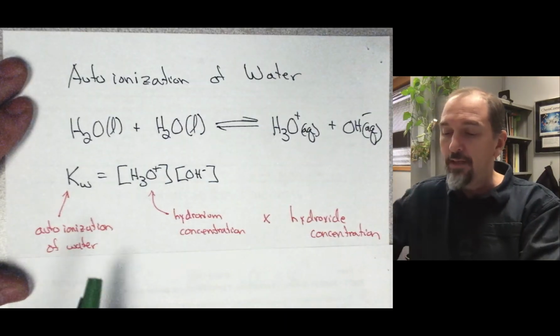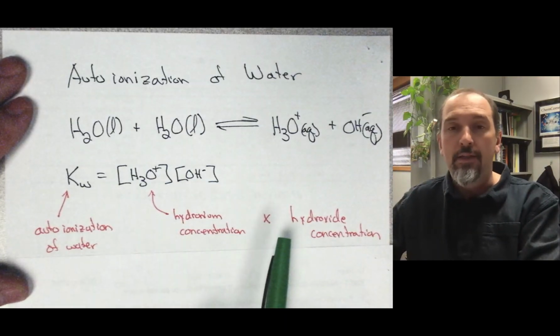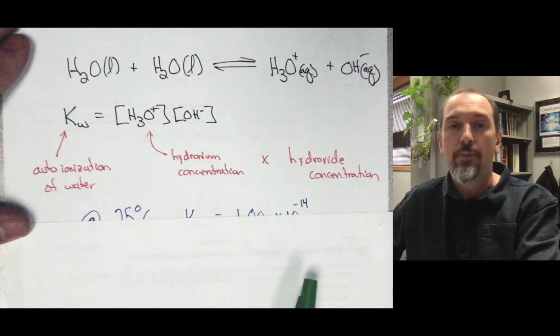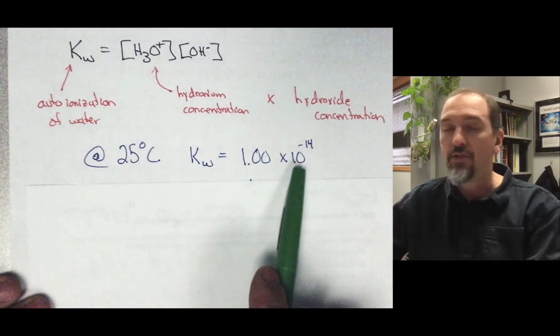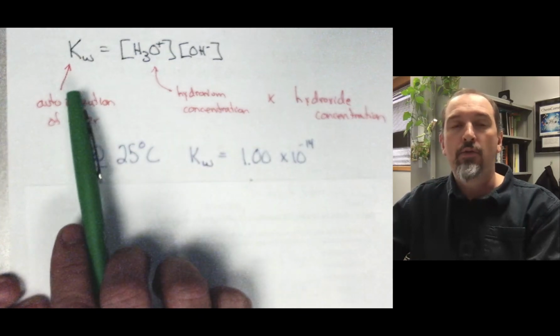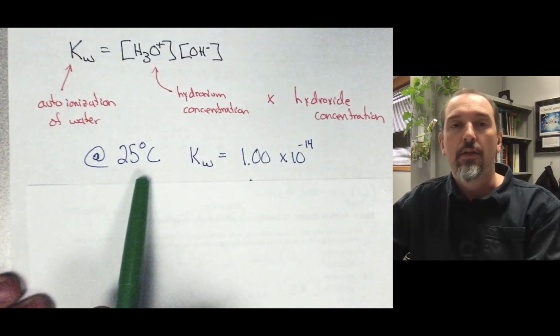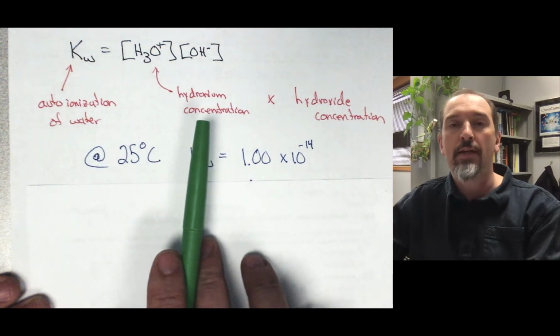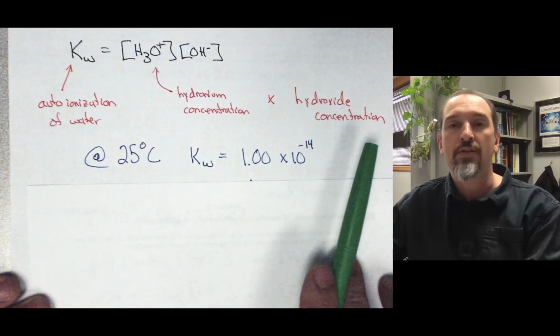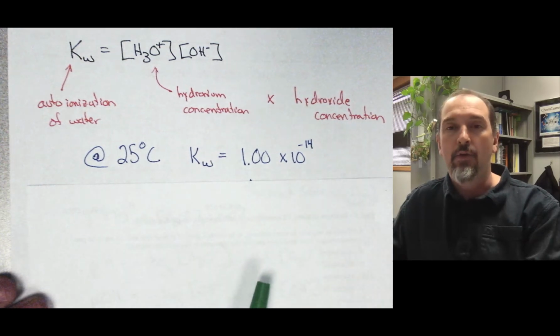So this value, the autoionization of water, is equivalent to 1 times 10 to the minus 14th. So at 25 degrees centigrade, 1 times 10 to the minus 14th always equals the hydronium ion concentration times the hydroxide concentration. That will always be true.